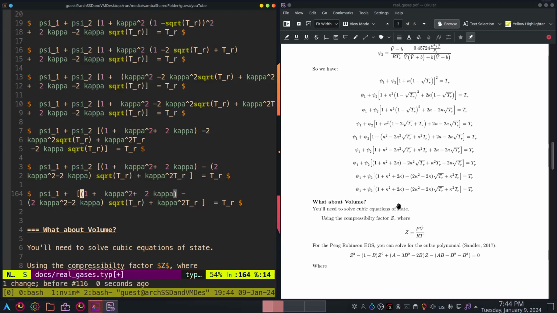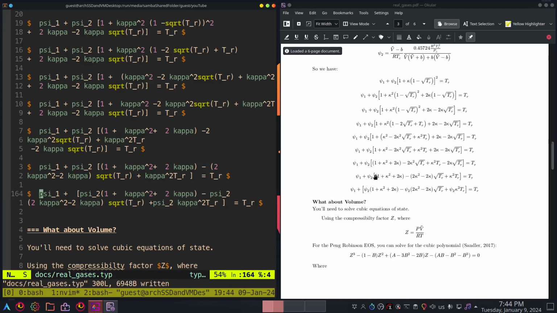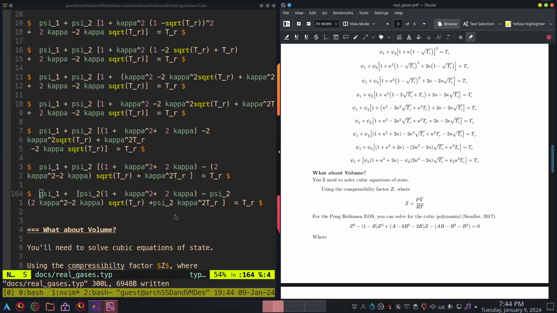Psi2 goes here, psi2 goes here, and psi2 goes here. Okay, so this was psi2 multiplied incorrectly. So psi2 goes here, psi2 goes here, psi2 goes here. Then I can remove the brackets. It's safe to remove the brackets now. So just want to be very careful about this.